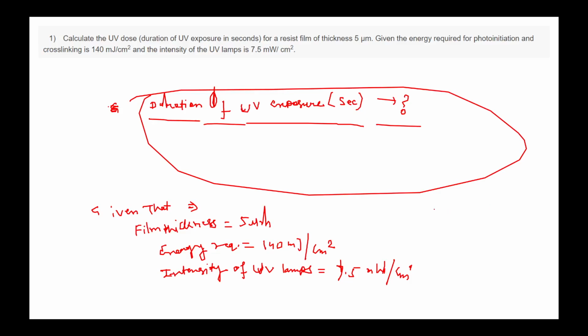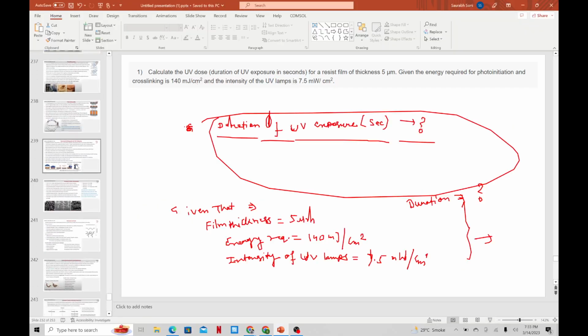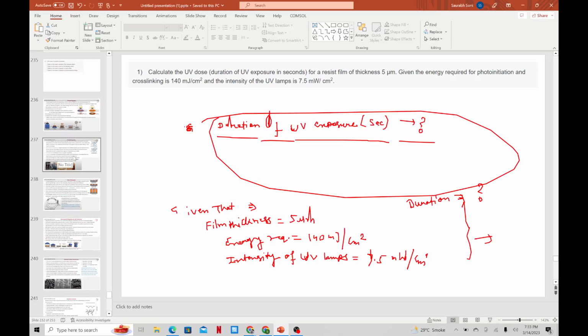So this is given, and we have to find out the duration of UV exposure in seconds. So time we have to find out. There is a way, so I will give you a hint for this, and then I will give you the solution also.